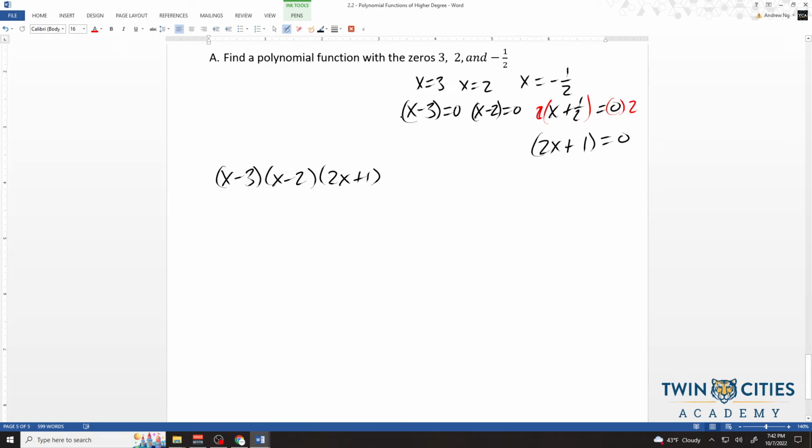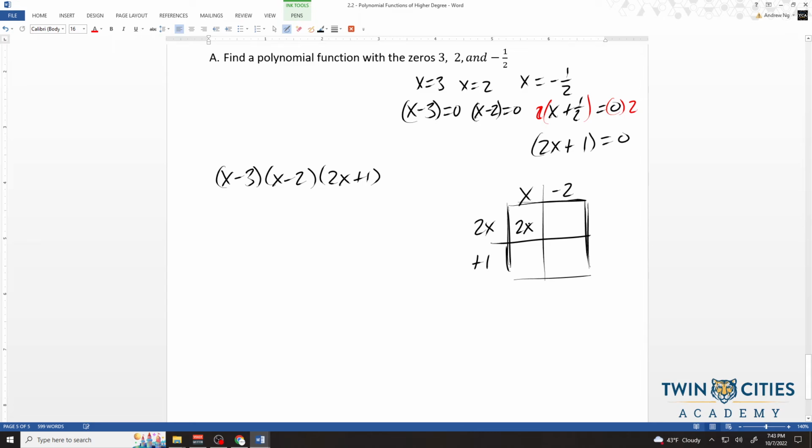Okay, well, we can start with any two of these. We're going to be using a lot of boxes here. So let's start with x minus 2 times 2x plus 1. Let's go over here. I'll make a nice box. And we'll do x minus 2 along the top and 2x plus 1 down the side.